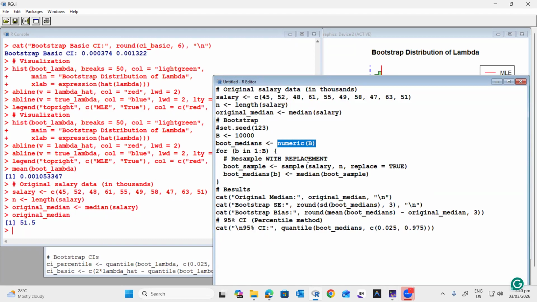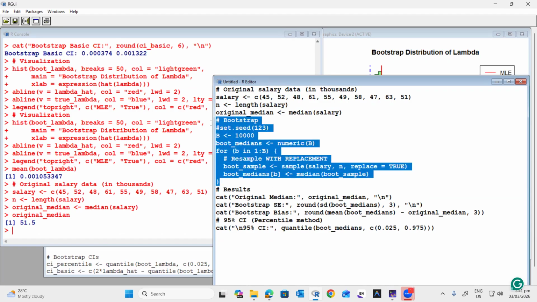After that, we are going to resample. So in the boot sample, we generate samples from the salary of size n, and we replace the values, so replacement is true. After that, we store the medians in the boot median vector. That will be the median of the boot sample. All right, so we are going to run this one.